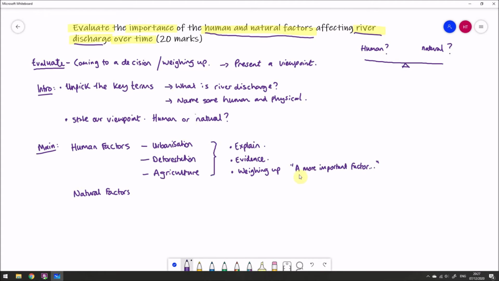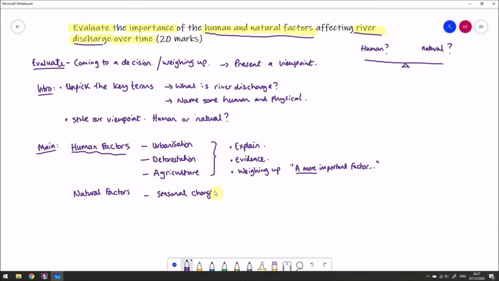So you're weighing up as you go along. You're making it clear to the reader whether you think one is more important than the other within each of these human factors, okay? You might then do the same for your natural factors. So you might think about seasonal changes.